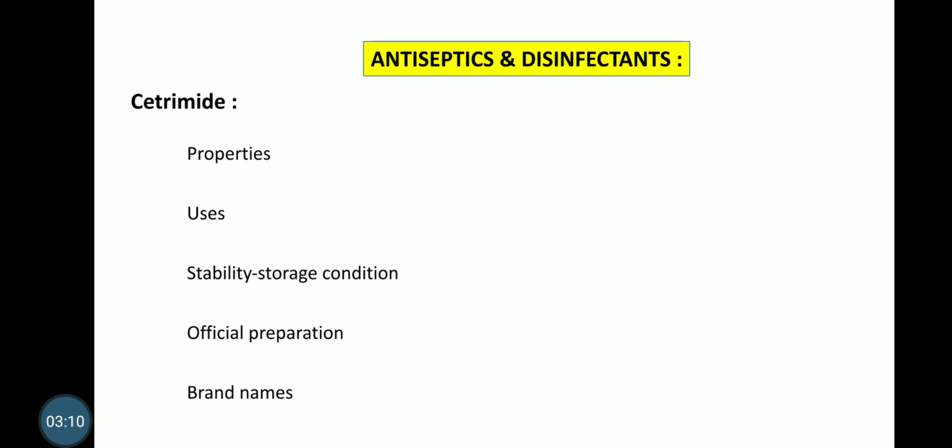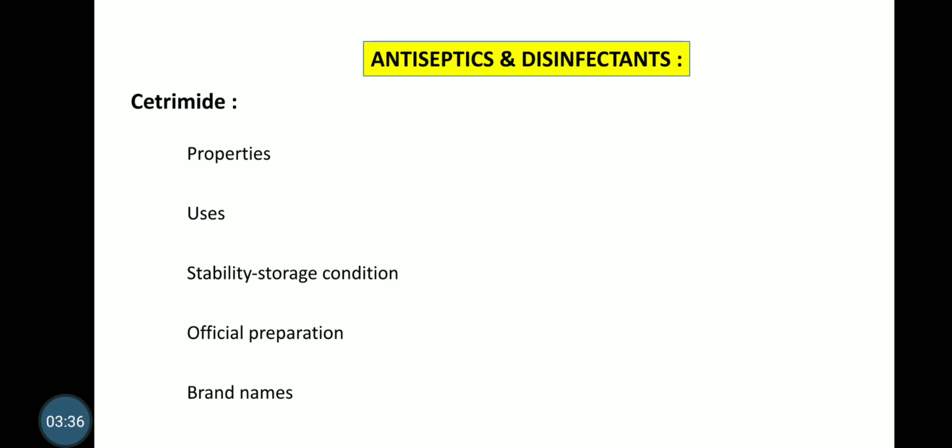The next drug is cetrimide. Cetrimide occurs as a white or creamy white, free flowing powder with a faint characteristic odor. It is freely soluble in water, ethanol and chloroform, but practically insoluble in ether.